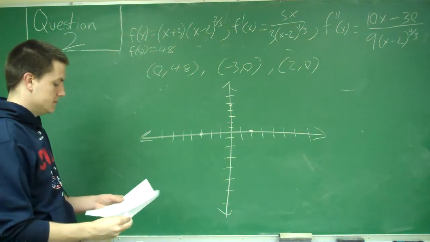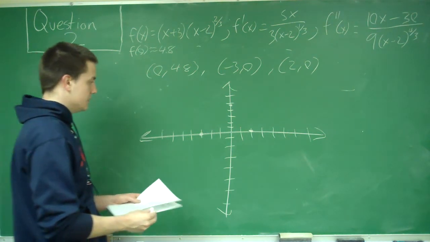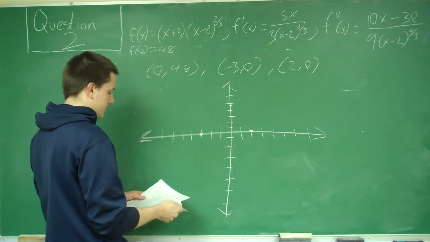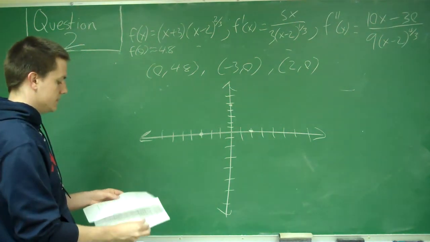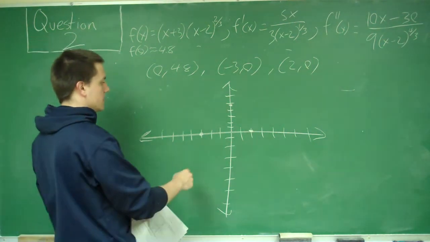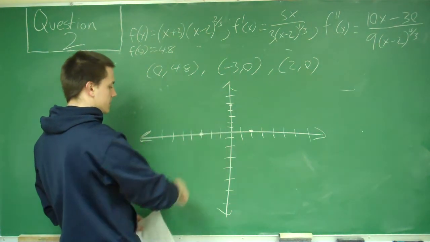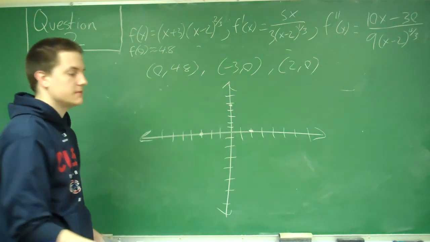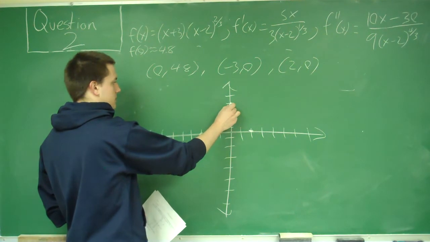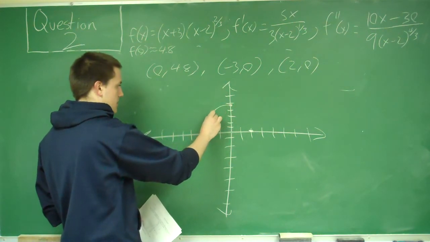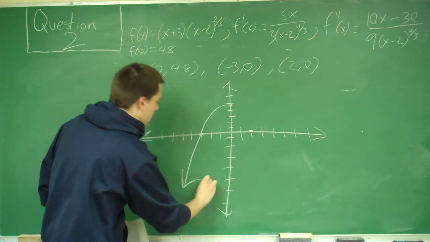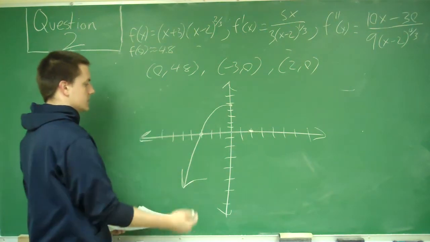And let's recall that the graph was increasing up until 0, and it was concave down up until 0. So it's gotta go through here. It's gotta be increasing the entire time, and it has to be concave down. So we can start from here. We know it's concave down, so it's going like that, and we know it has to decrease the entire time.